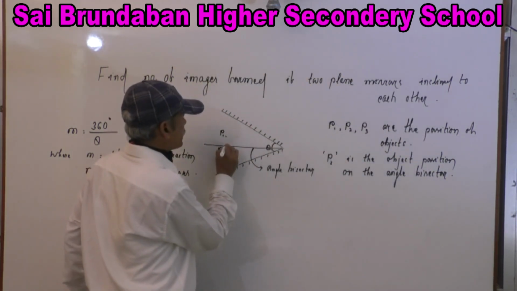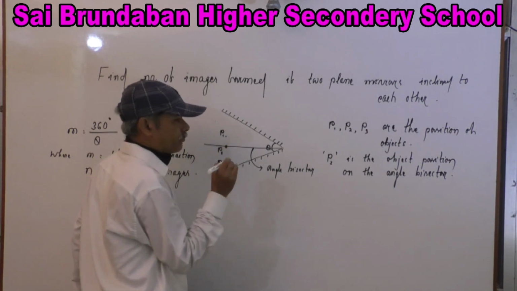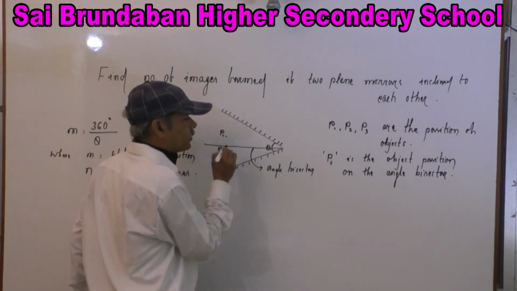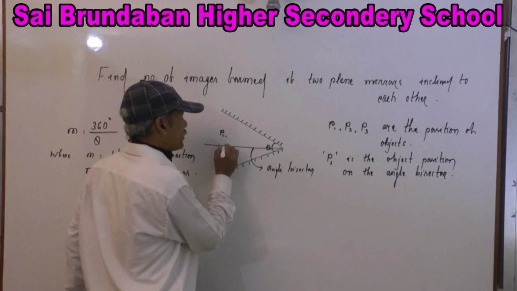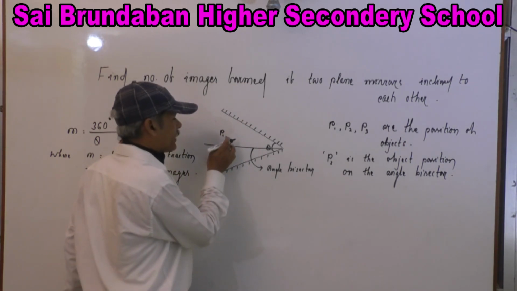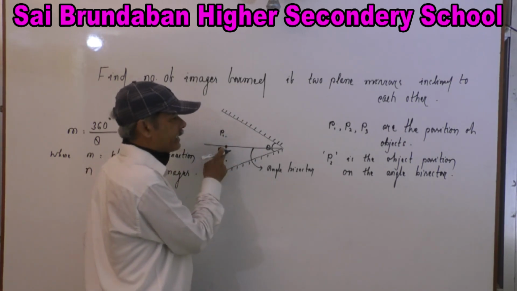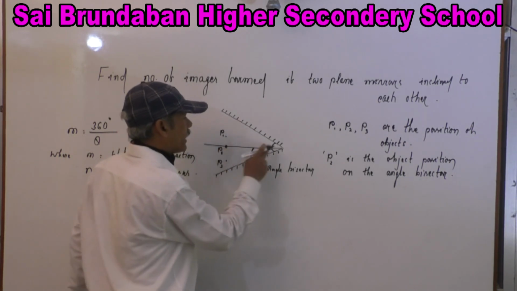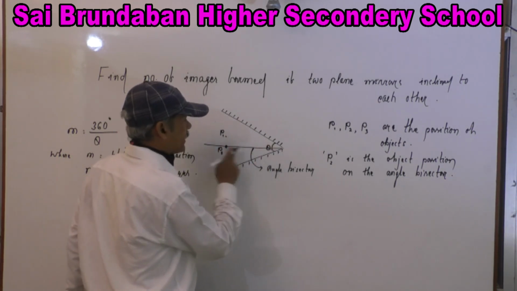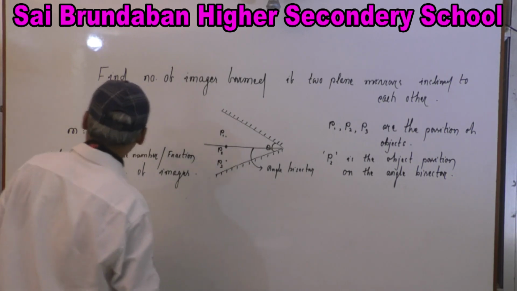P2 is not the same as P1 and P3. It is situated on the angle bisector.